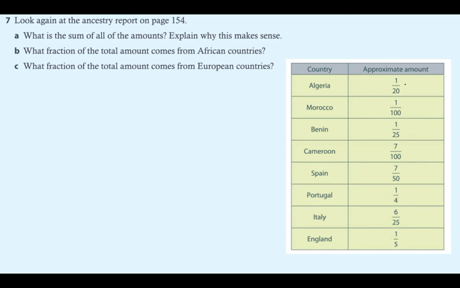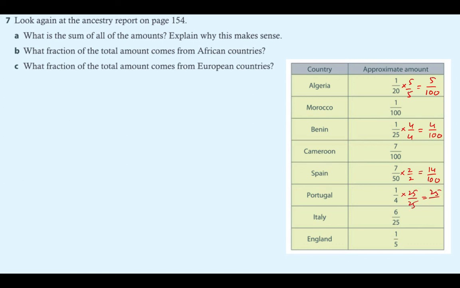So we should multiply this by 5 over 5. So this becomes 5 over 100. This is already 100. This should be multiplied by 4 over 4. So this becomes 4 over 100, and this is already out of 100, and this should be multiplied by 2 over 2. So this makes 14 over 100, and this should be multiplied by 25.